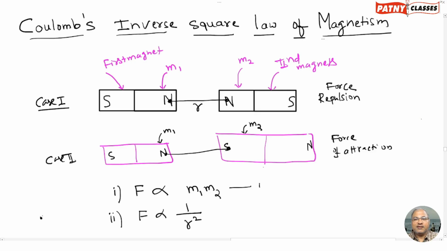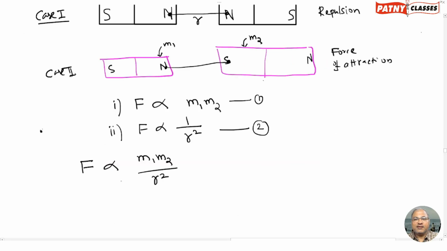So we have two relations, and now we'll combine both. F is proportional to the product M1 M2 divided by r square. Now to remove this proportionality symbol, we write equals to, and we must write k, some constant, times M1 M2 divided by r square.